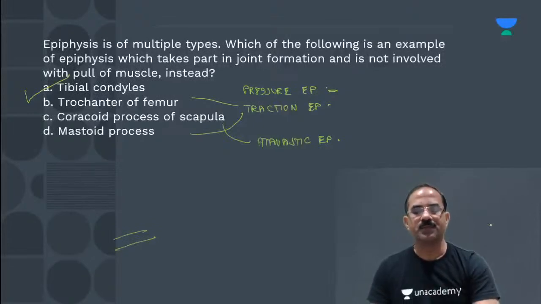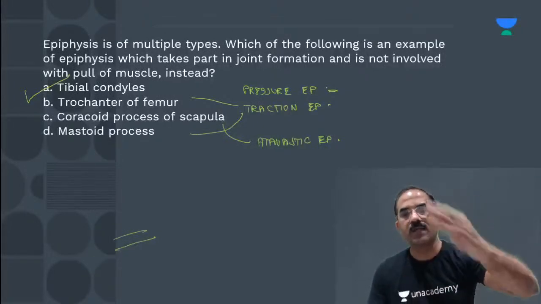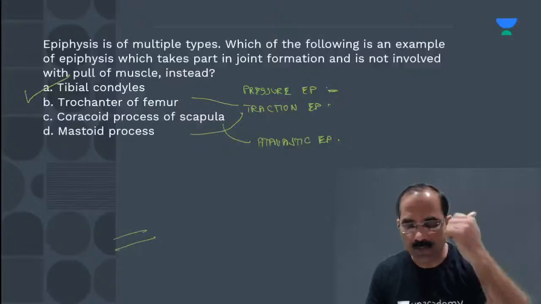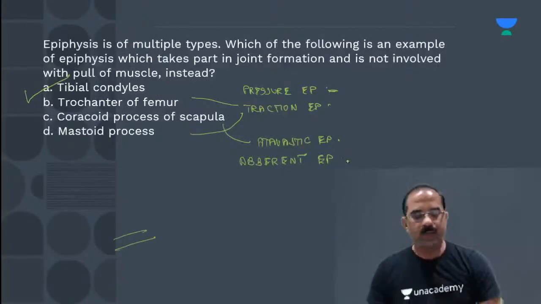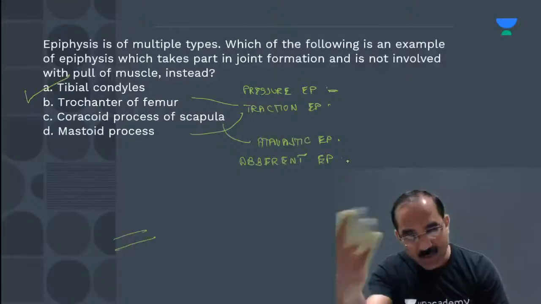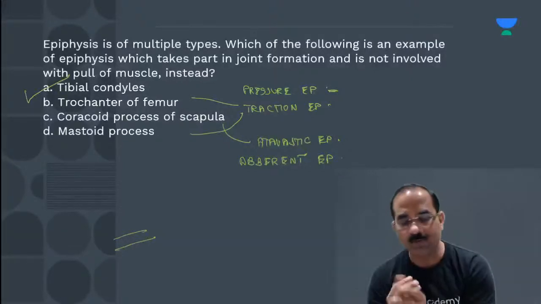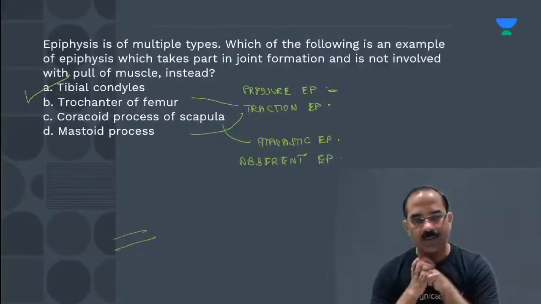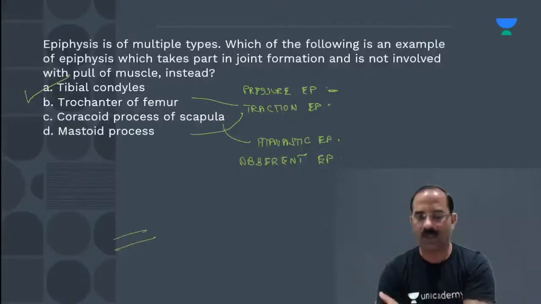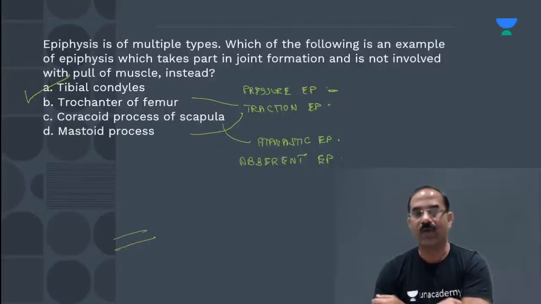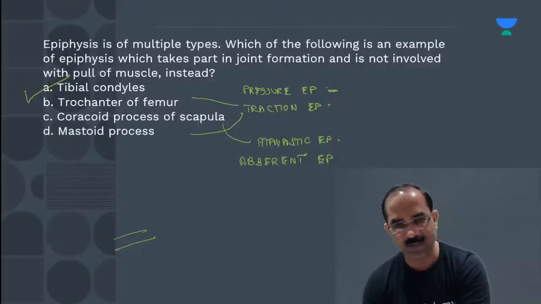And the last type is aberrant epiphysis. What is aberrant epiphysis? It's an extra, additional epiphysis. Example is the proximal end of the first metacarpal bone.